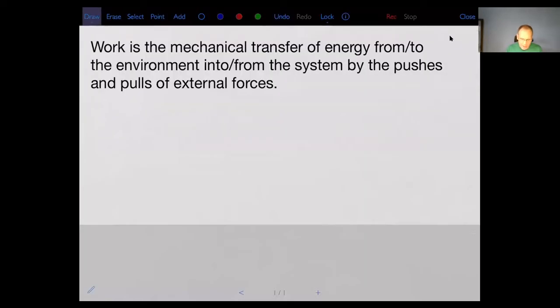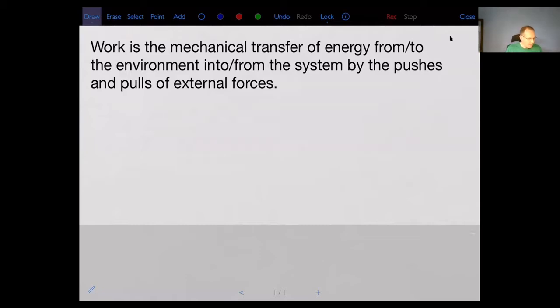Okay, so work is defined to be the mechanical transfer of energy from or to the environment into or from the system by the pushes and pulls of external forces, okay? So it's a transfer of energy, think of it like from the environment to the system or to the environment from the system.